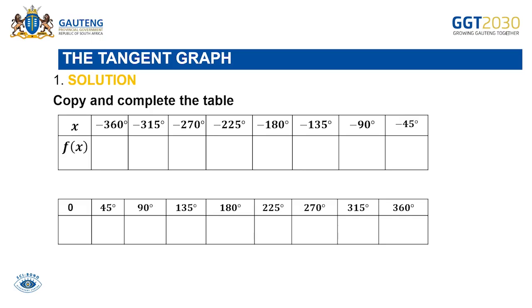Then for those of us who have just joined us, this is how we're completing this table without taking one angle at a time. As you can see, there are a lot of angles this time around in the interval -360 to 360. You press mode on your calculator, depending on which type of calculator you use. Then you press table. Then it will take you straight to f of x, meaning you have to fit your function tan of x.